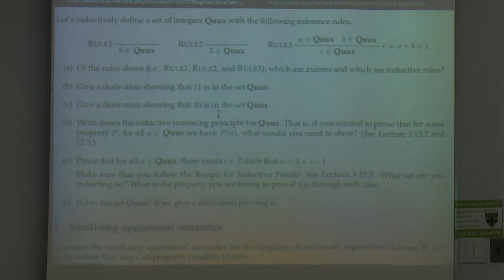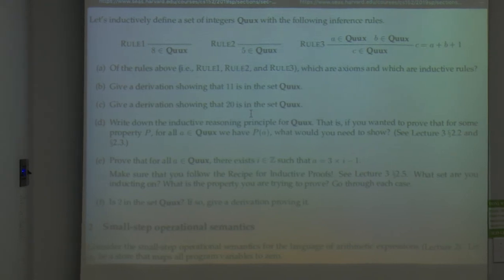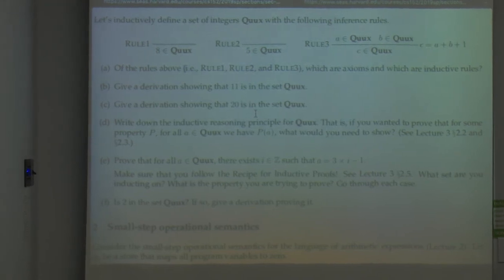So you guys know how to do proof by induction. So what are the trivial steps in proof by induction? There are 3 steps. Do you guys know? Base case. Yeah. Inductive hypothesis. Yeah. And inductive step. Yeah.